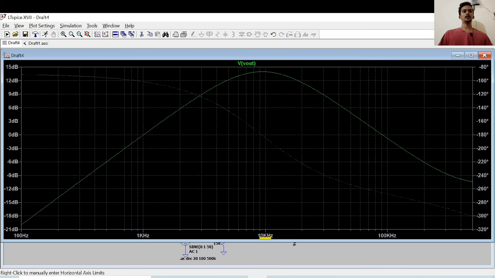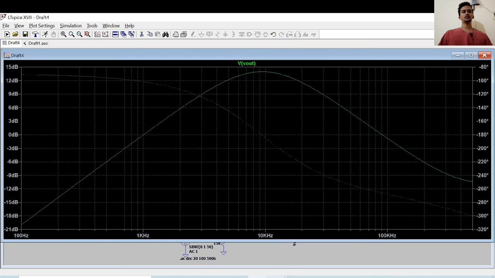From after 10 kilohertz the gain decreases at 20 dB per decade again, and as the frequency increases higher and higher, it will again go into the negative gain. So you can see here negative gain. So our frequency response is right.